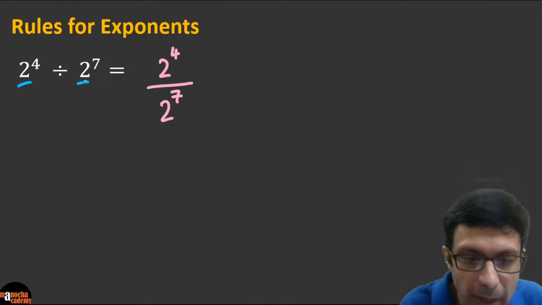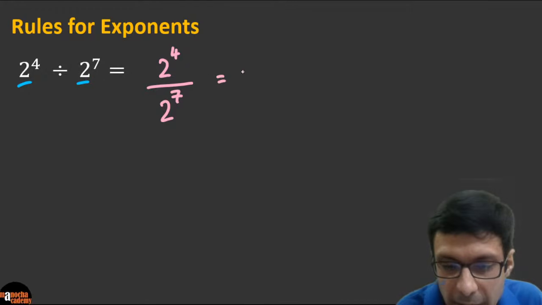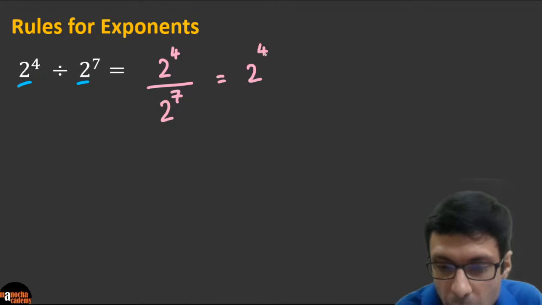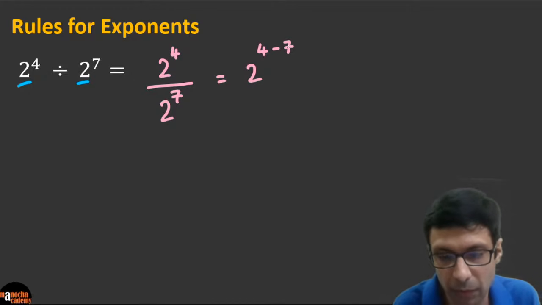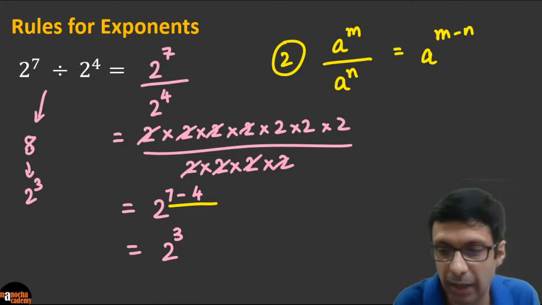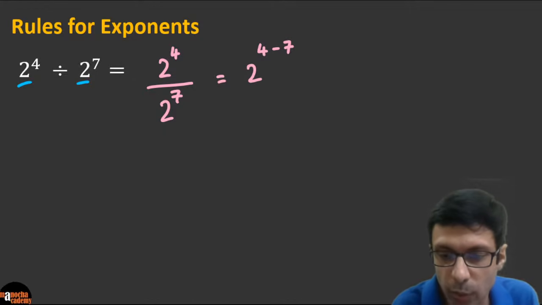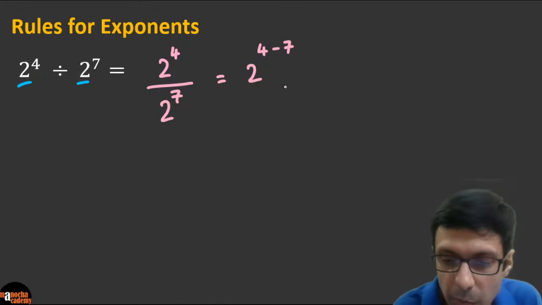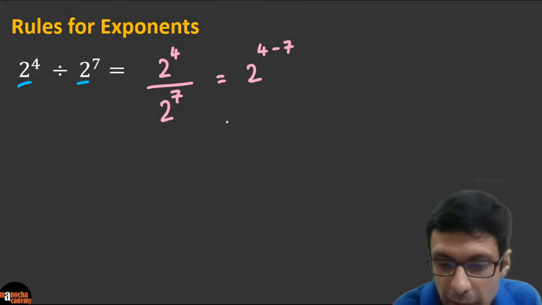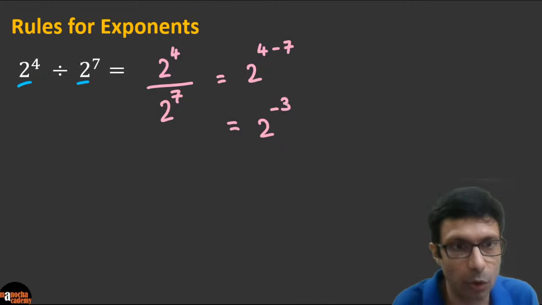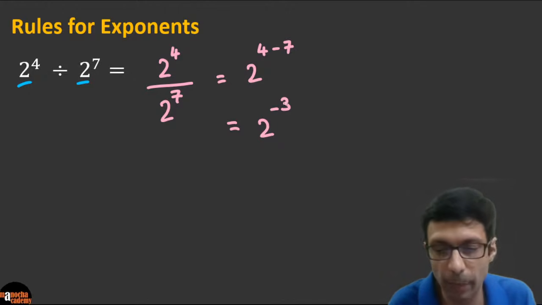And what do we get by doing that? So we are going to get 2 to the power 4 minus 7, right, guys? If we use our previous rule, a to the power m minus n. So we are going to end up with 2 to the power minus 3. Okay, very good.